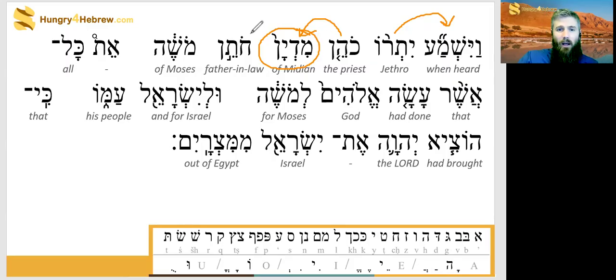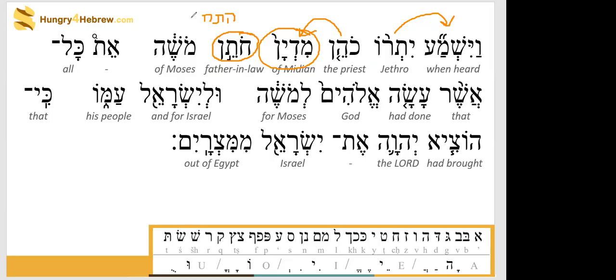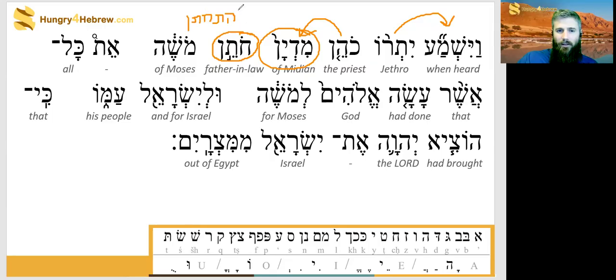At any rate, choten. Does anyone know the modern Hebrew word for getting married? Lehitchaten. It's a hitpael verb, which means it's something you do with one another, and it's got the same root built in as choten.